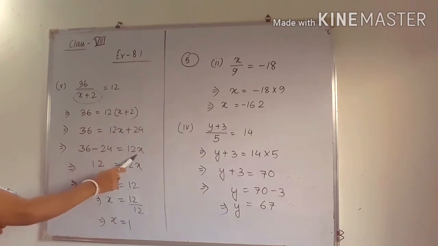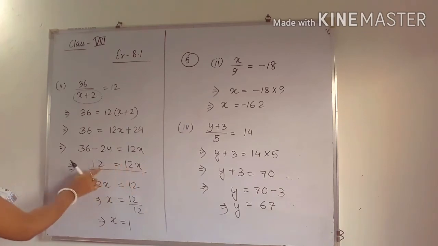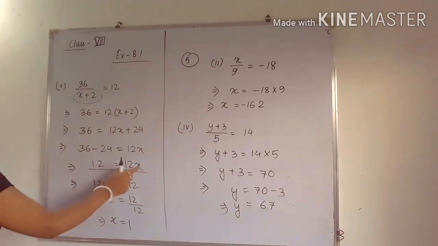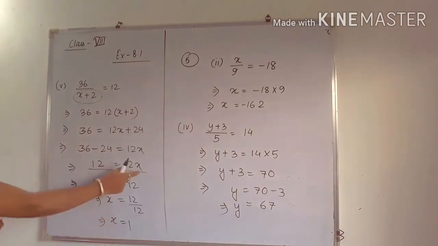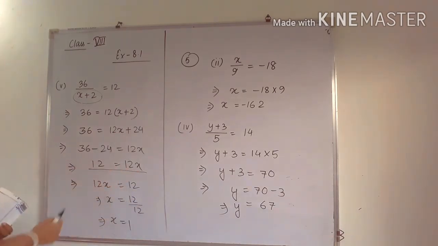Here 12x. So just see here, you can interchange left hand side with right hand side. Okay. So there will be no change in symbol if you interchange left hand side with right hand side. So 12x will be on the left hand side, and on the right hand side we can write 12. See why we are interchanging the places: because the unknown should be on the left hand side. By that way we can easily say that the value of x is equal to 1.